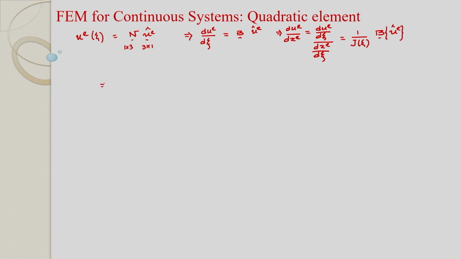So, d u e d x e is 1 by Jacobian, B matrix and this u e vector, where the sizes are 1 cross 3 and 3 cross 1.